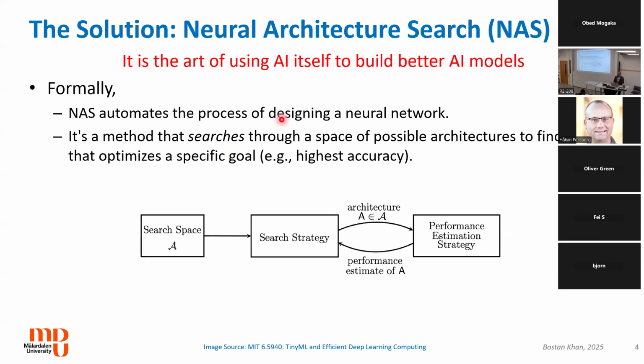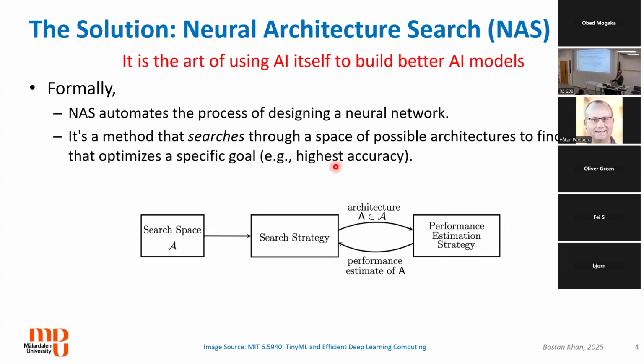The solution for this is a new field called neural architecture search, the art of using AI itself to build better AI models, using AI to improve AI. Formally, NAS automates the process of designing a neural network, and it does this by searching through a space of possible architectures to find one that optimizes a specific goal.